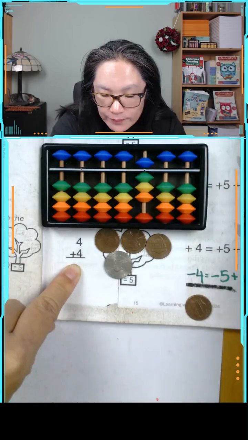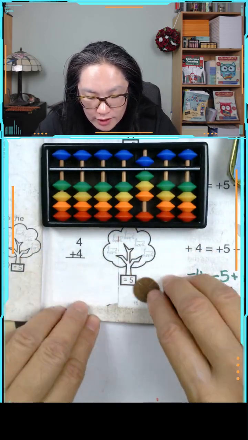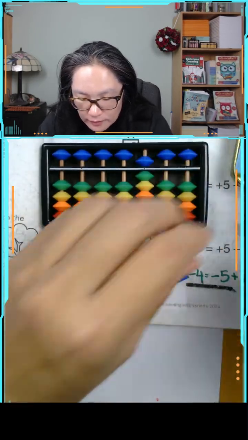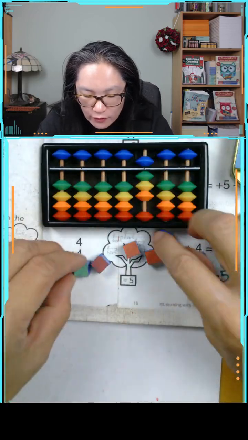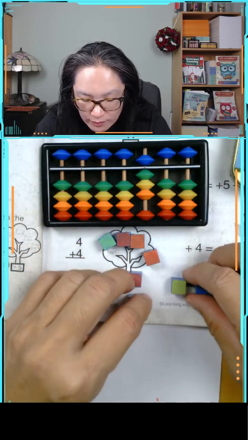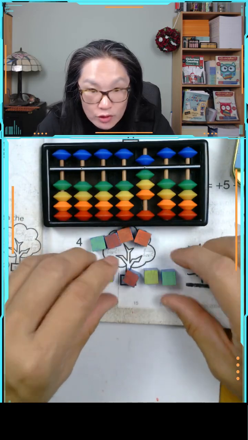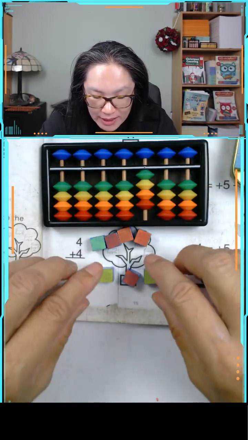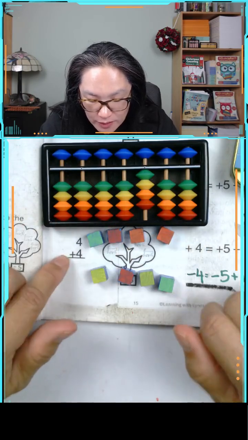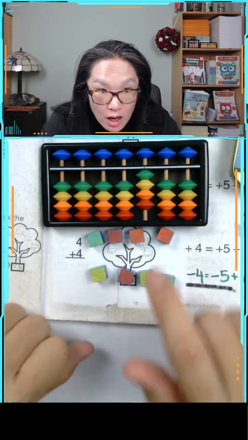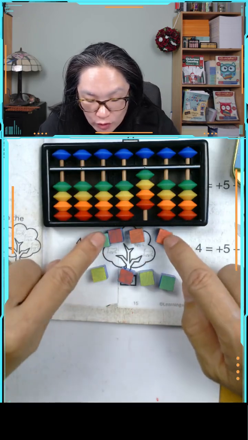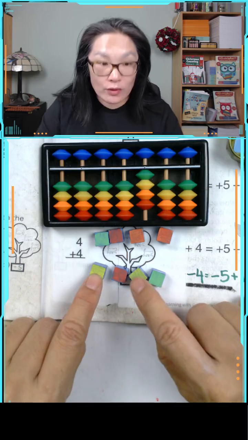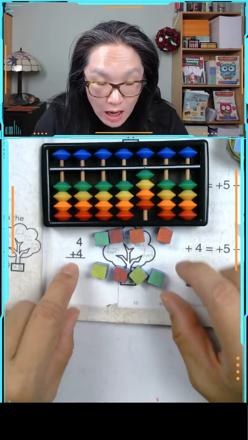Okay, let's try another way. We have 4 on the abacus. In mainstream public school, they tell you to count up. You could count up, but that's not the abacus way, because abacus talks about the concept of how to make a 5. Here is 4. I want to add another 4. Notice I have no more room to add this 4. Guess what? I can round the bottom 4 to 5.